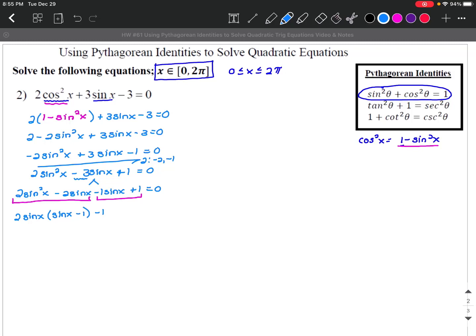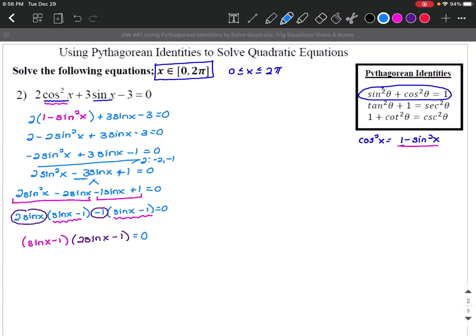If I only took out a positive 1, we wouldn't be able to factor by the greatest common term. But if I take out the negative 1, now you can see this term is the same as this term. So we have this common sine x minus 1, but that leaves us with a 2 sine x minus 1 equals 0.